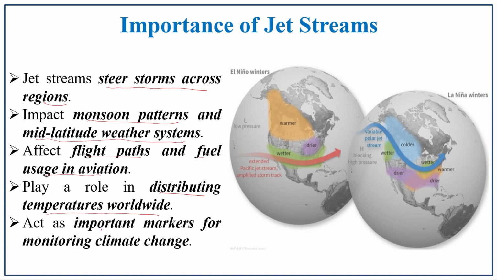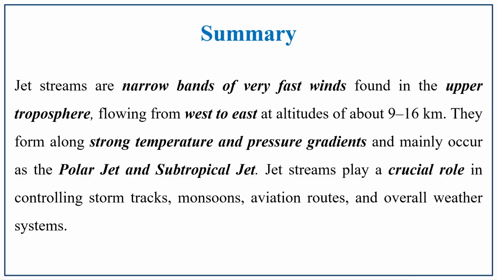It acts as an important marker for monitoring climate change. So climate change is one of the important factors which is monitored with the help of the jet streams. To sum up the entire lecture, jet streams are narrow bands of very fast wind found in the upper troposphere, generally flowing from west to east.